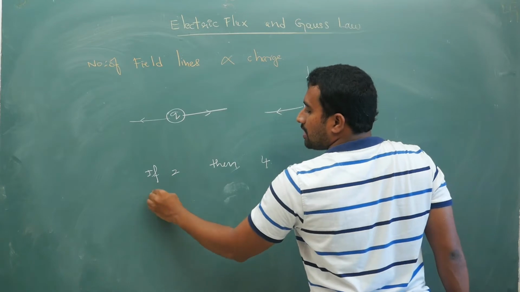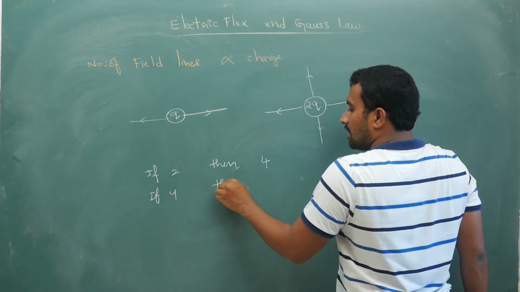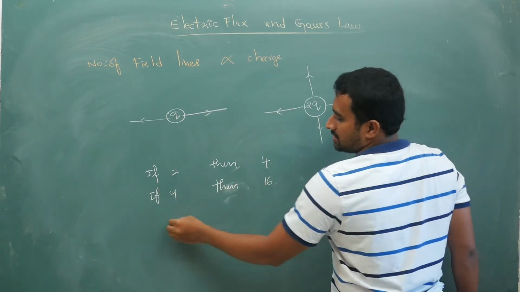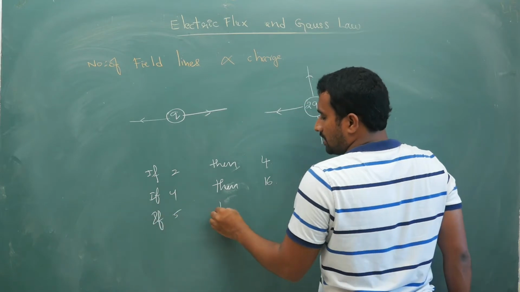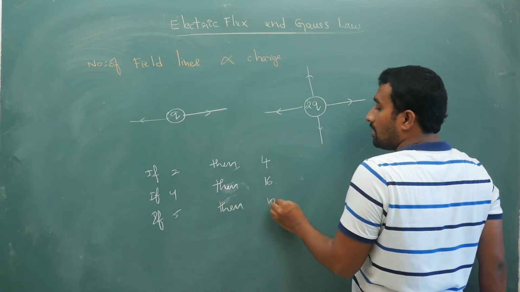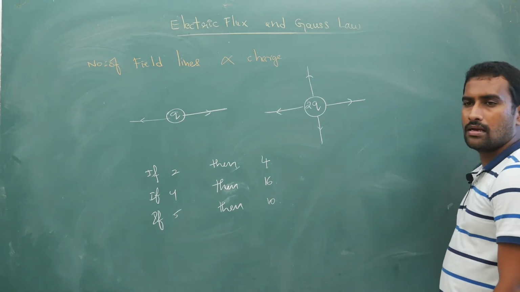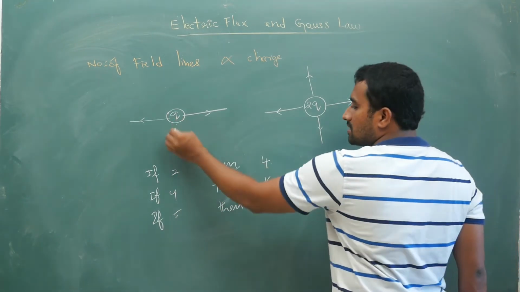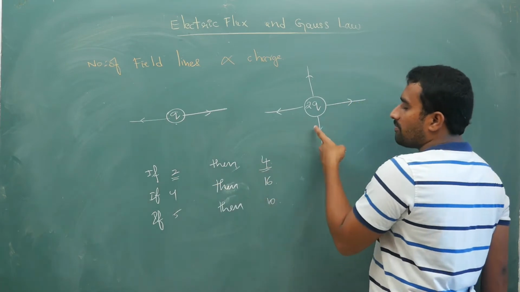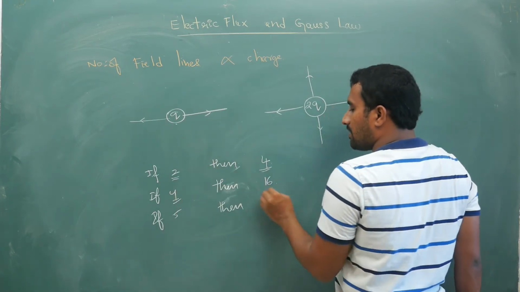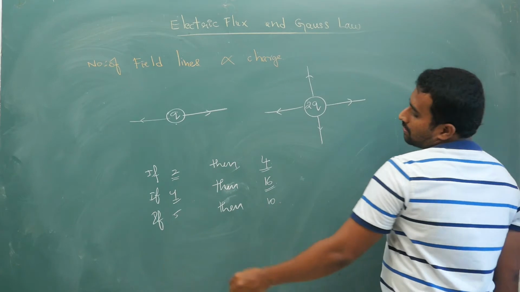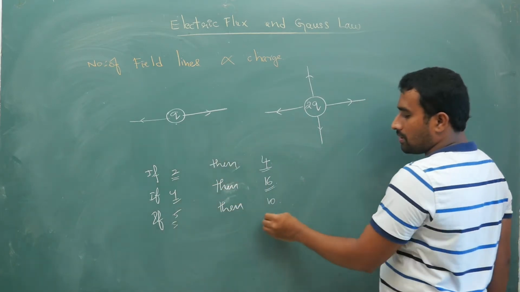If I keep 4 lines then I will have 8 lines. If I have 5 lines then 10. How many lines you keep is completely your choice, but for this charge if you are keeping 2 you have to keep 4 here. If you are keeping 4 then you have to keep 8, and if you are keeping 5 you have to keep 10.